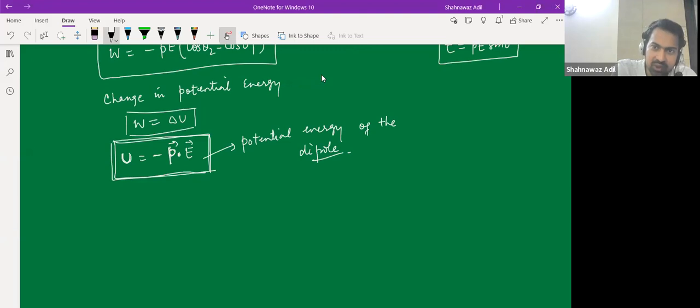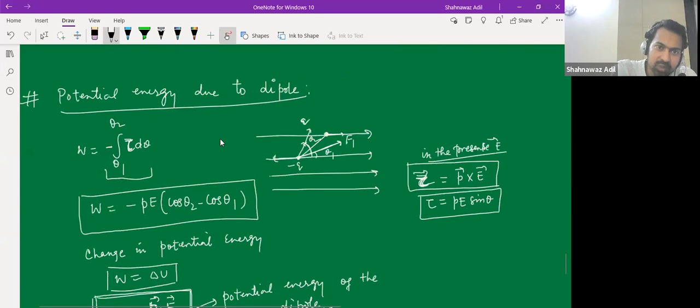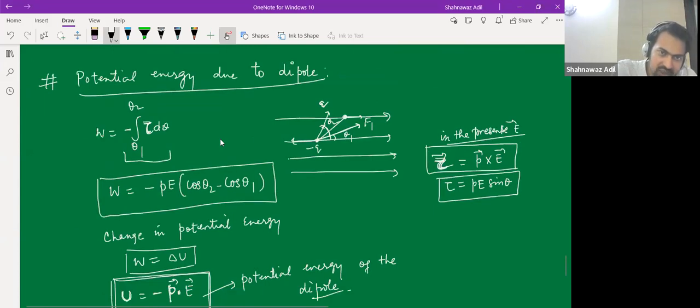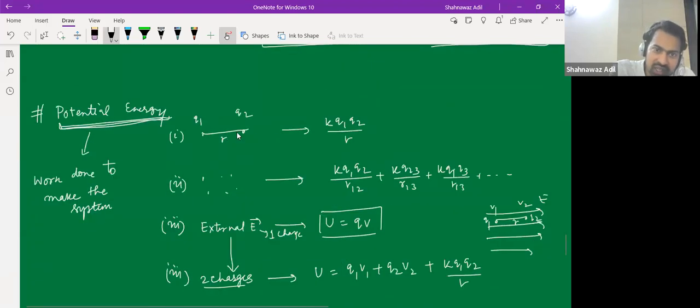So I will repeat some things again. We are just calculating the potential energy, right? Chavez, you remember that we were doing the potential energy. We calculated the potential energy of two charges without the presence of any electric field. Then we calculated the potential energy due to multiple charges.